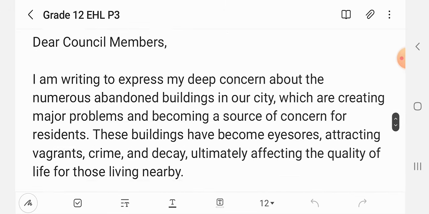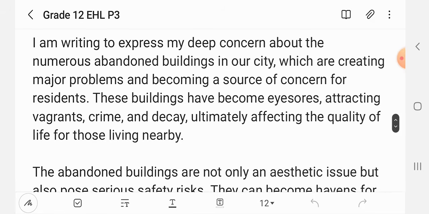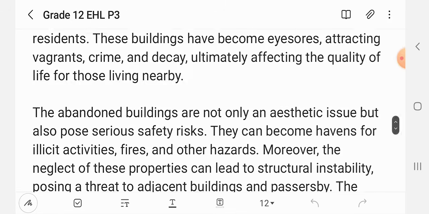So the honorable members of the city council, City Hall. Dear council members, I am writing to express my deep concern about the numerous abandoned buildings in our city, which are creating major problems and becoming a source of concern for residents. These buildings have become an eyesore, attracting vagrancy, crime and decay, ultimately affecting the quality of life for those living nearby.